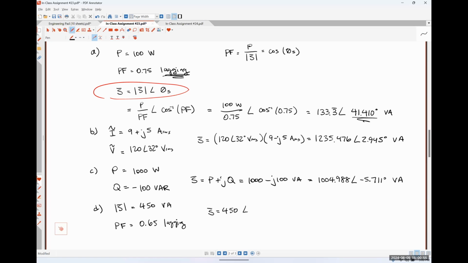How do we find our angle? You just do the inverse cosine of the power factor. Exactly right. So the inverse cosine of 0.65. And so this is going to come out to be 450 with an angle of inverse cosine of 0.65, which is 49.458 degrees.